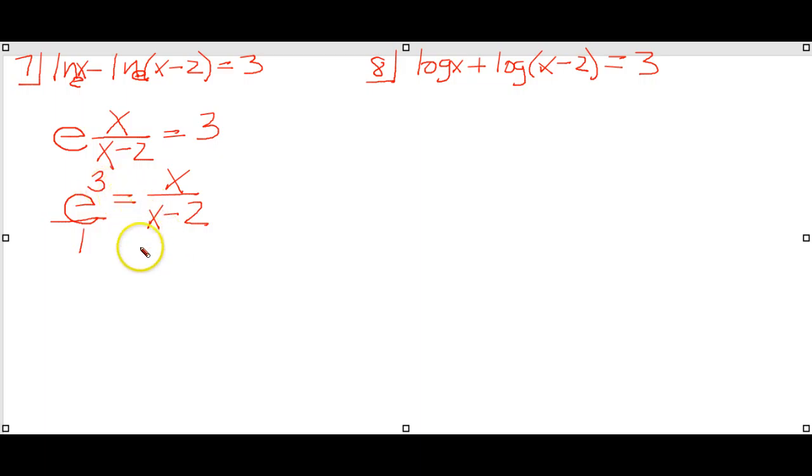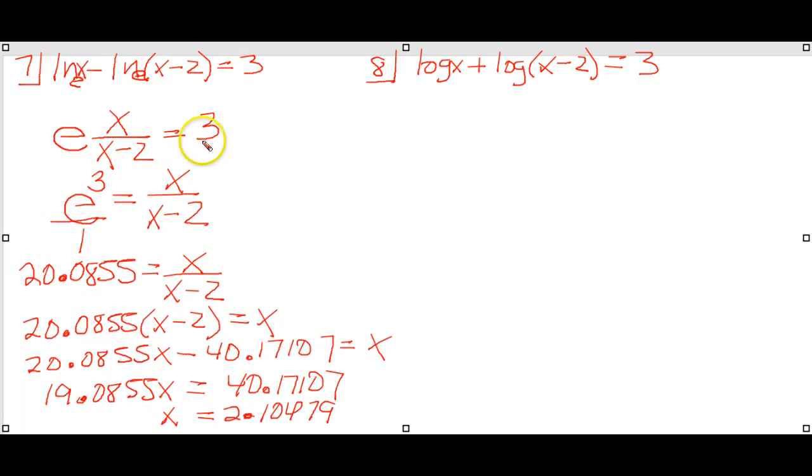And again, we can kind of cross multiply, or we can get a value for this. But if you just put this into your calculator, the numbers are just big here. So e to the third, you put that into the calculator, gives you this, which equals that. And then this is over 1. So I'm going to multiply this side, which I illustrate here, and that equals x.